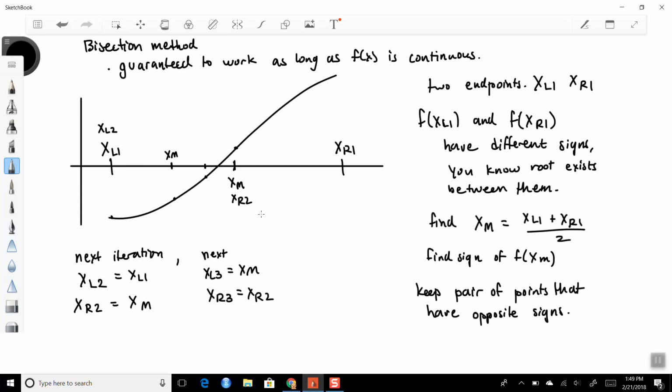And this is guaranteed to converge around the root. Does that make sense? Okay. The only drawback with this is that it's slow. You're just constantly repeating things, and so it's a little bit slow there. But that's the bisection method.